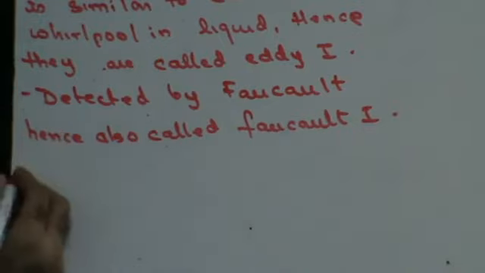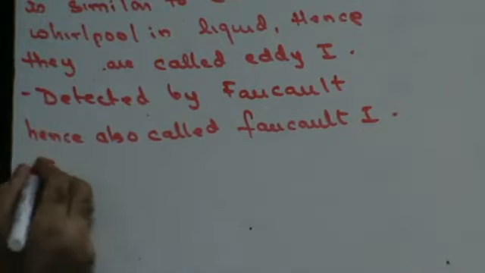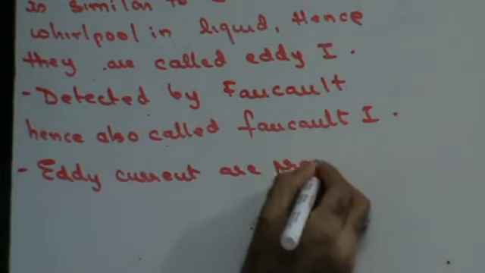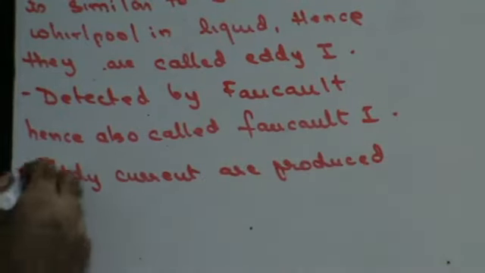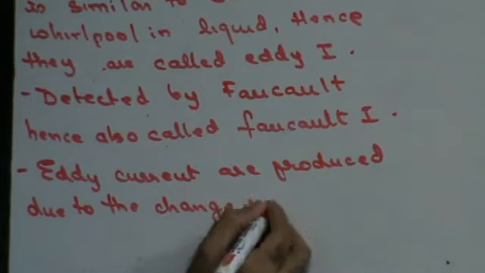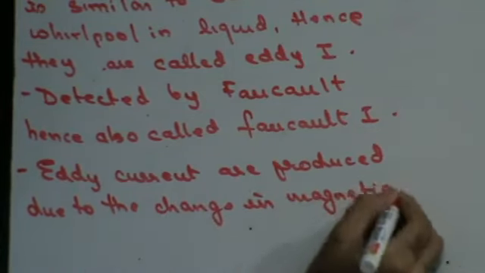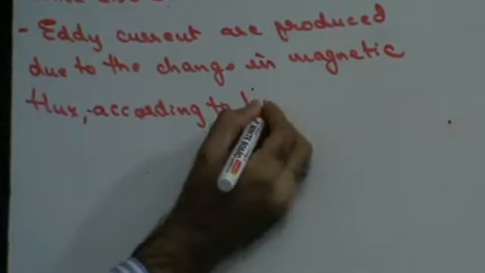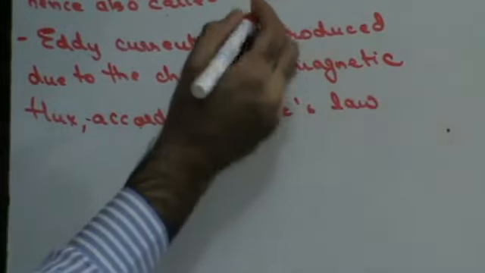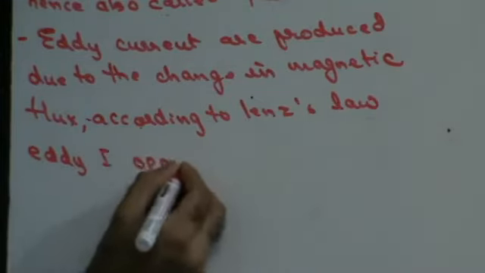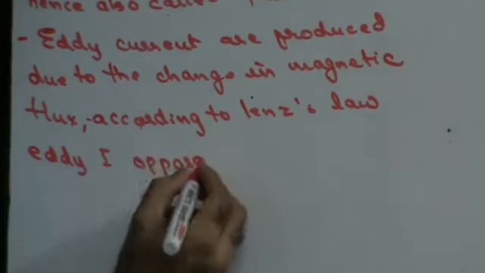So if I apply Lenz's law to this, I can say that eddy currents are produced due to the change in magnetic field, and according to Lenz's law, eddy currents thus should oppose the cause of their production.